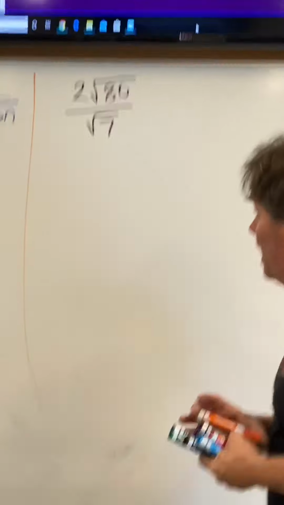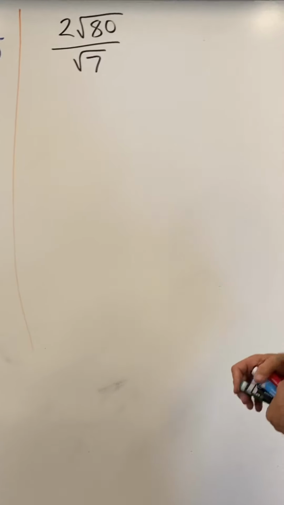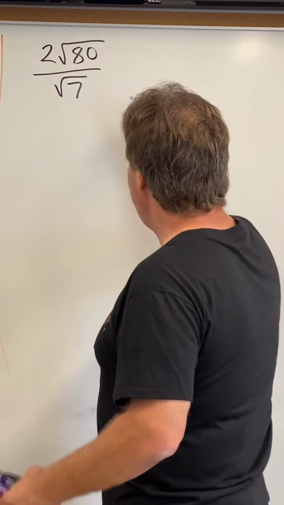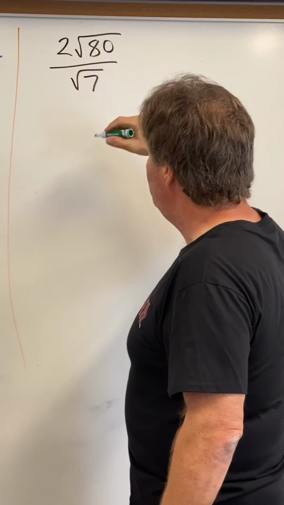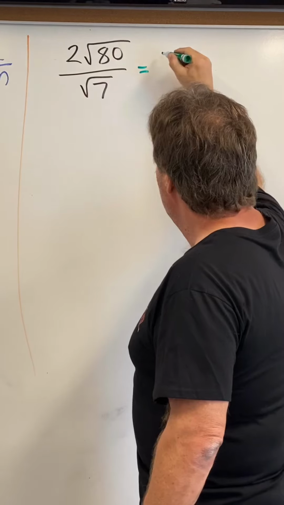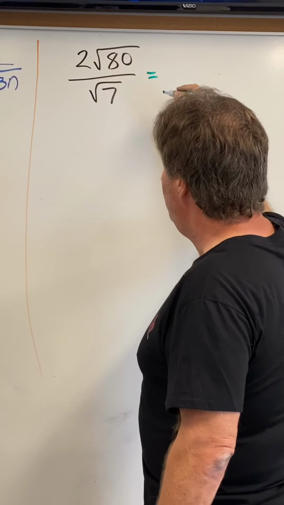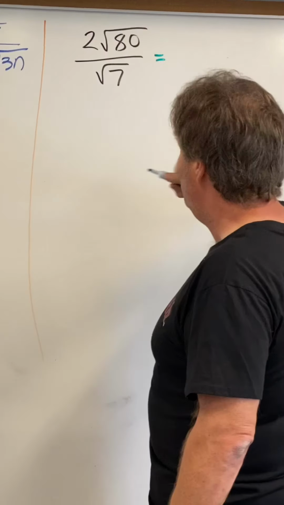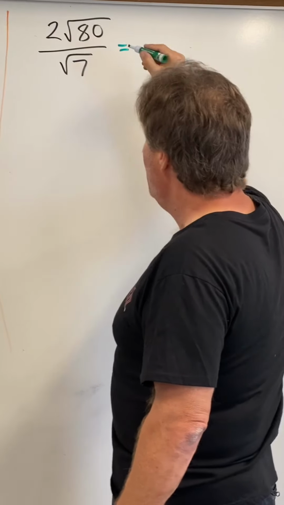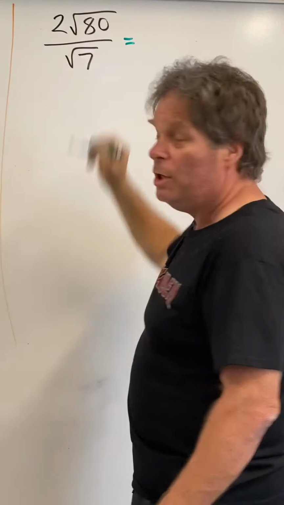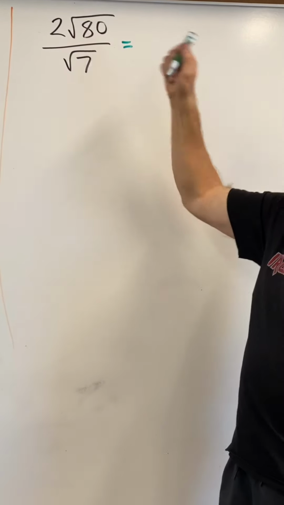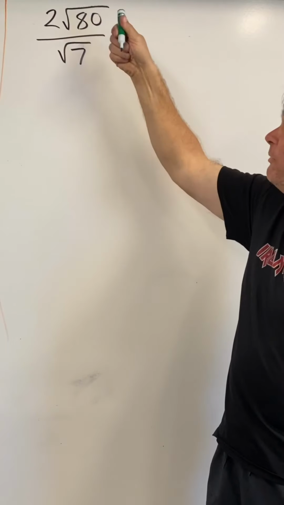Okay? Then, finally, this is the last problem before the homework. 2 root 80 over root 7. Here we go. I'm going to simplify root 80 because I don't have to do 7 times 80 and get 560. I would rather simplify this. You could multiply by root 7 over root 7 right now, but it's easier to simplify this guy first.